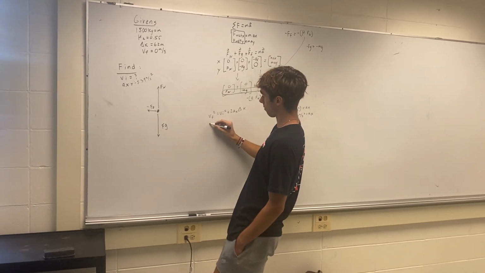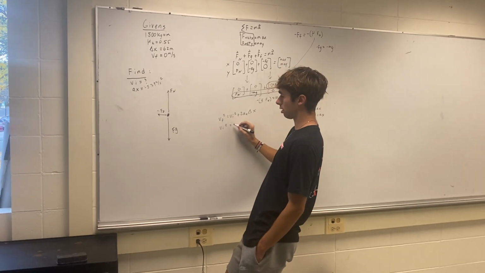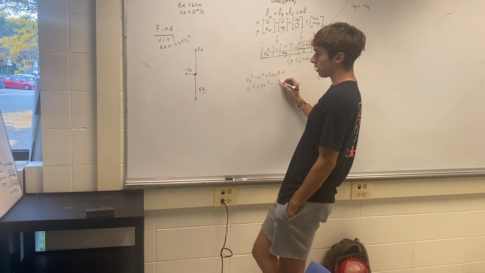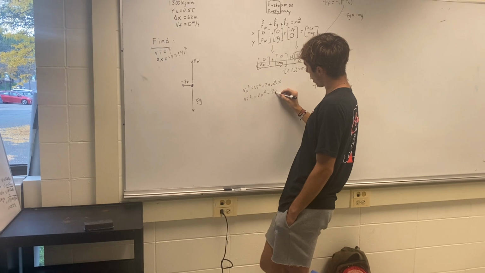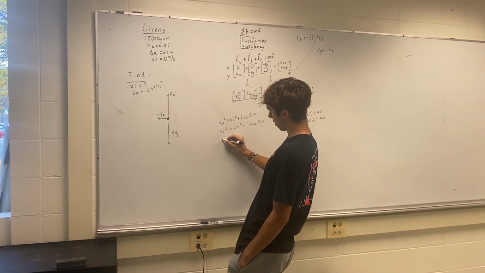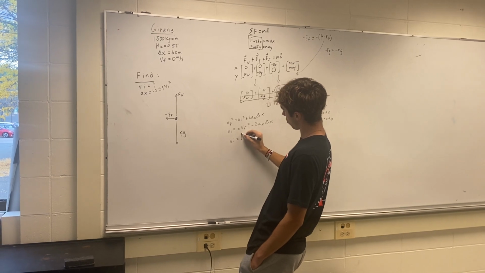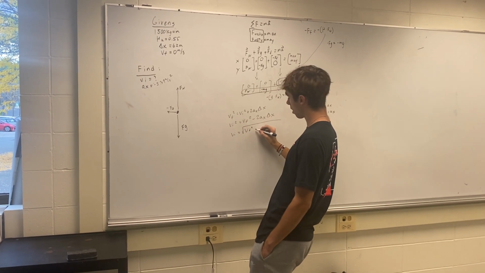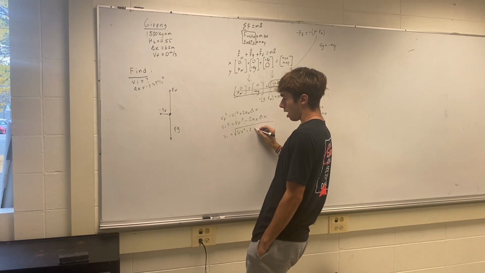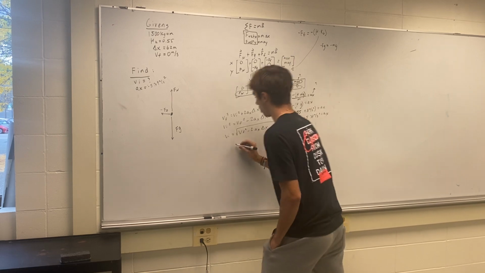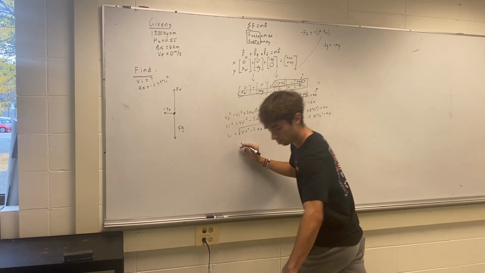So we can say that vi squared is equal to vf squared minus 2ax change in x, and then we can say that vi is equal to the square root of vf squared minus 2ax change in x, and then we can plug in our numbers here.